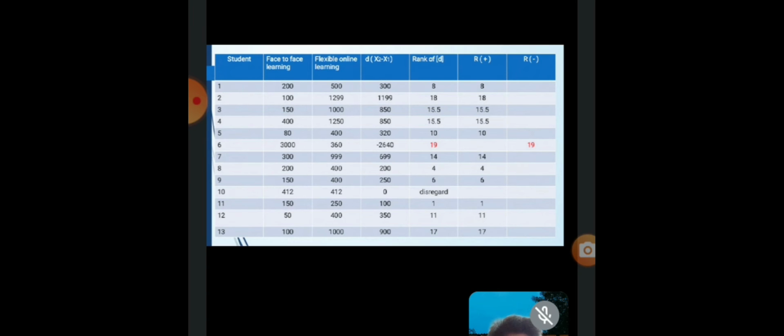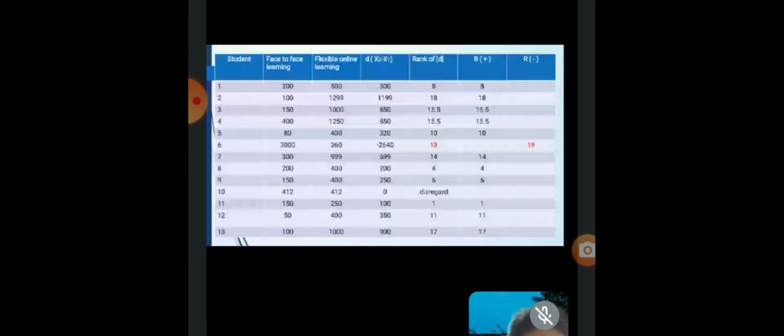Kaya ang kanyang rank is 10. Sunod naman po is 350. Wala naman din pong ibang 350. Then ang rank din po niya is 11. Next naman po is 400. Nag-iisa lang din po ang 400 natin. Then ang kanyang rank is 12.